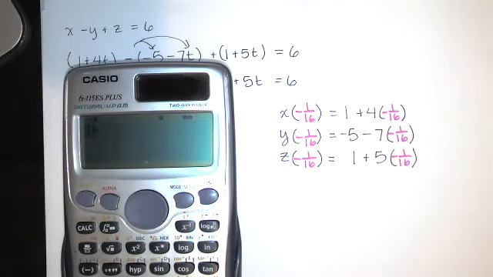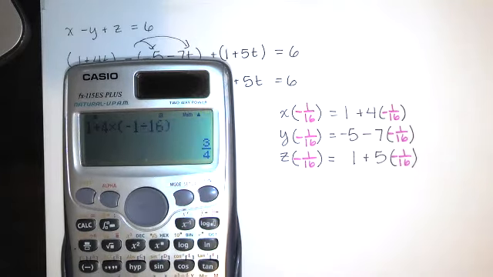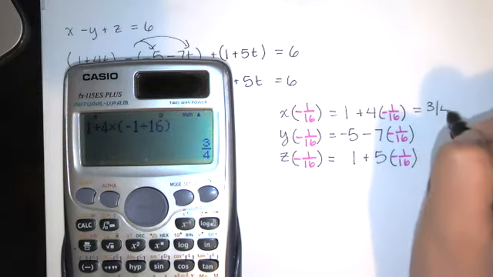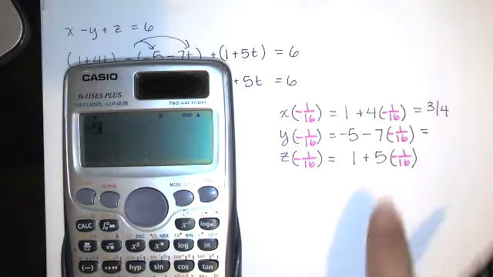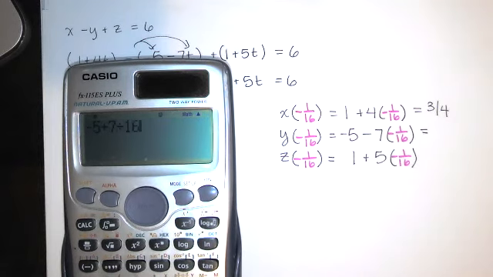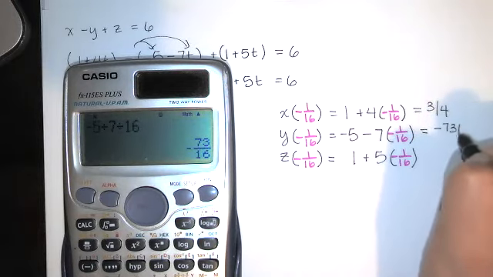So we'll have 1 plus 4 times -1/16, and I get 3/4. And then I'll have -5, and then I've got a -7 times a -1/16, so that's +7/16. I'm adding 7/16. So I get negative 73 over 16.